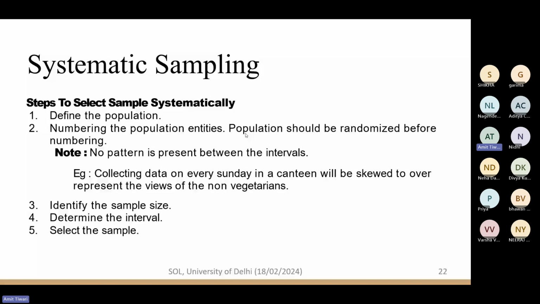After numbering, we identify the sample size. In the previous case, the researcher identified that 1% of the population would be the representative sample. Then determine the fixed interval. The population was divided by the sample size, we got 100 as the fixed interval, and from each fixed interval we selected the sample.